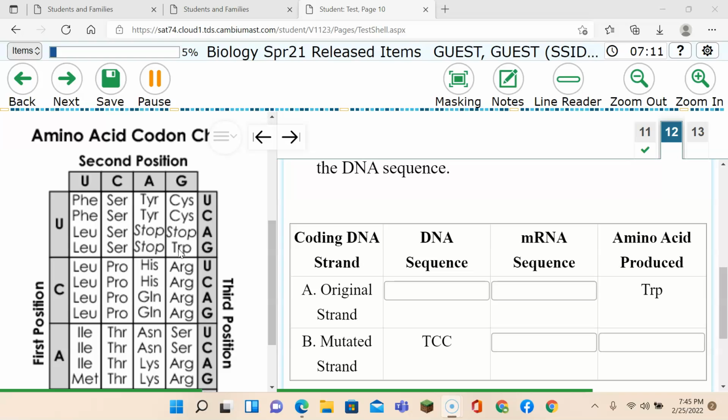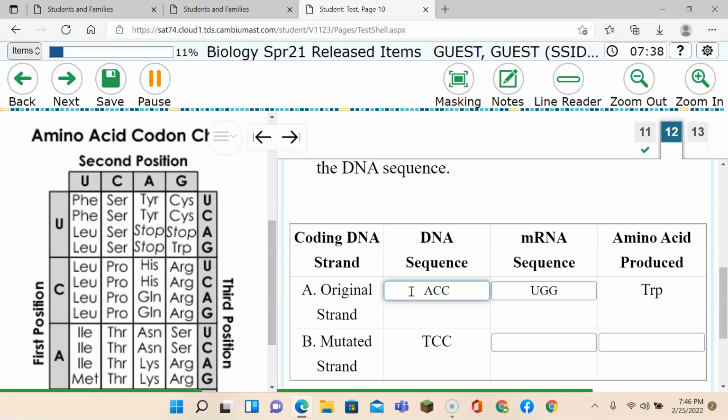So let's use the codon chart to find out the messenger RNA. That would be UGG. How about that? So now that we know UGG, we know our original DNA before the mutation occurred. It would be ACC.